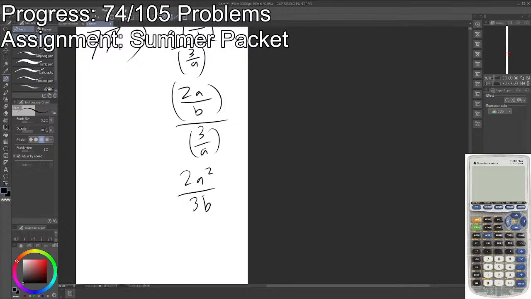Photomath, let's get it. No, yeah, it's simplified.